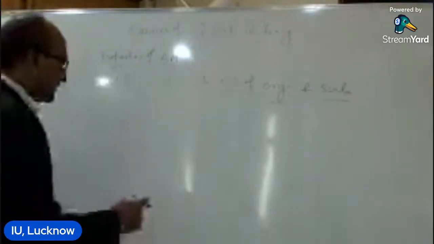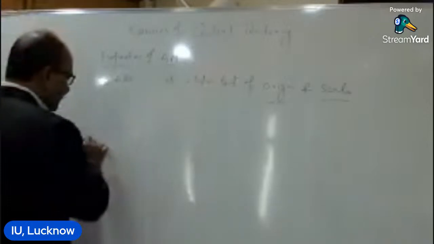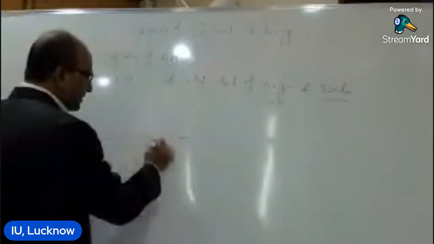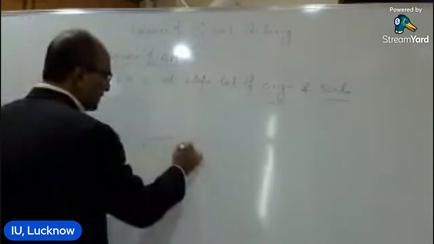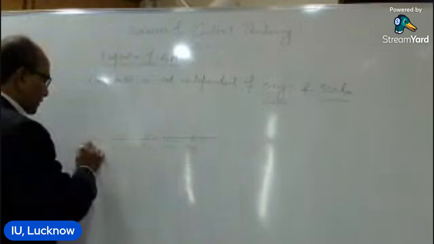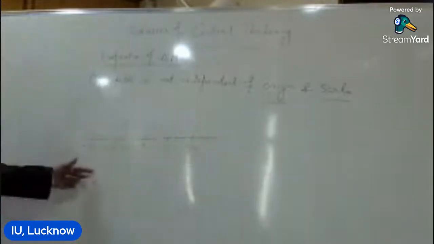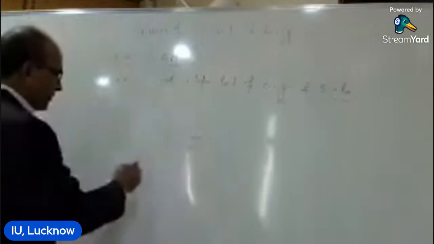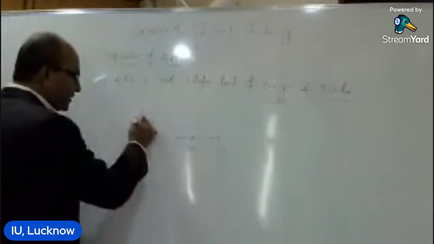Take an example. Suppose we have a set of data and the observations are like 0, 10, 20, and on this side minus 10, minus 20. This is the set of observations. Just see here, the origin is this, 0.